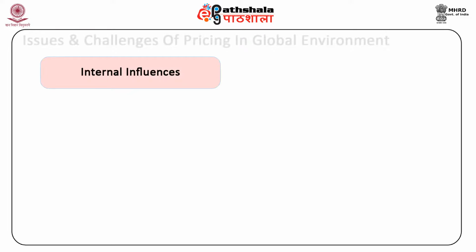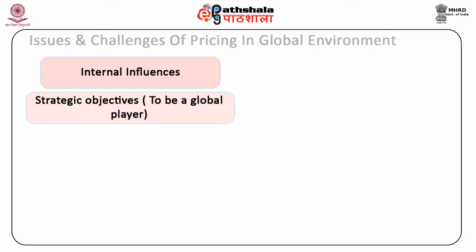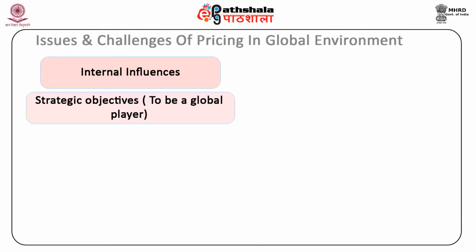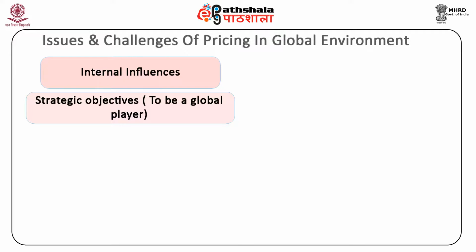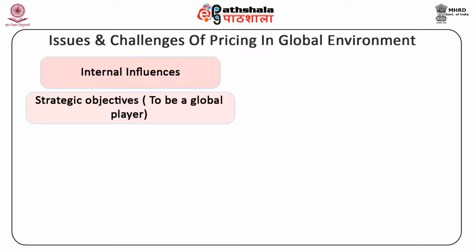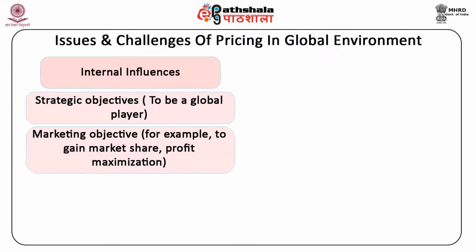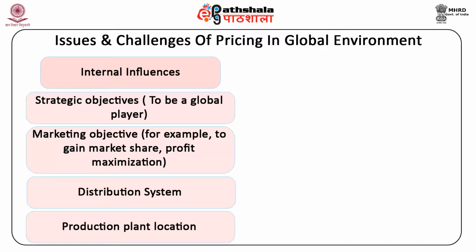Internal influences include: first, strategic objectives such as the objective to be a global player. Second, marketing objective, for example, to gain market share or profit maximization. Third, distribution system. Fourth, production plant location.